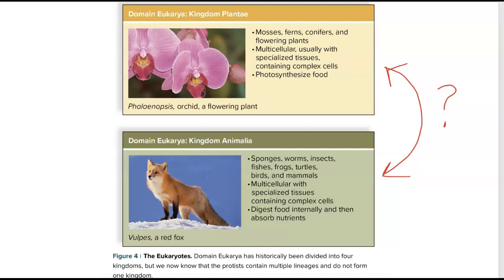Does it get classified as a plant? Or do we come up with a new kingdom? Maybe we call it planimal, half plant, half animal. Think it's weird? Yeah, it is. But who knows? It could be a new kingdom in the future as we gain more knowledge about all the different things out there. So, all right.